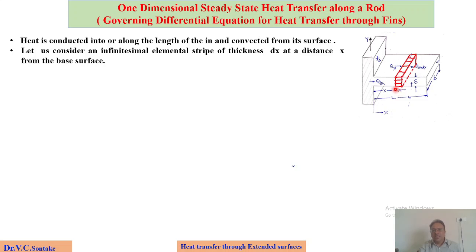Its width will be b, and its thickness will be delta. Now what is happening in this stripe? Heat is entering this elemental stripe by conduction. Heat is leaving this stripe by conduction, and heat is also convected out of this stripe by convection.